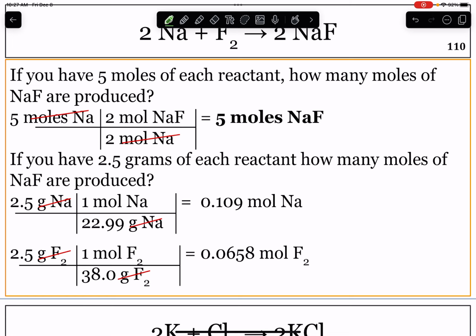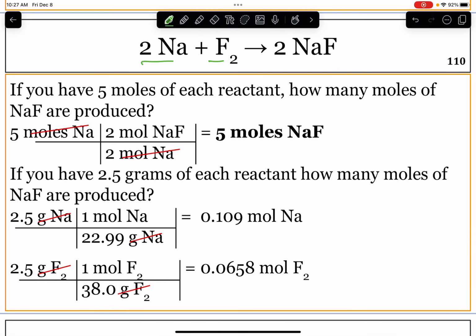Now that we're in moles, we can compare our 2-to-1 mole ratio and see if we can figure out which one is going to run out first. 0.0658 moles of fluorine is the smaller amount of moles, so maybe that's the one that runs out first. Let's do a double check here. If we were to completely react all of our 0.0658 moles of fluorine, we would need twice that of sodium in order to completely react it.